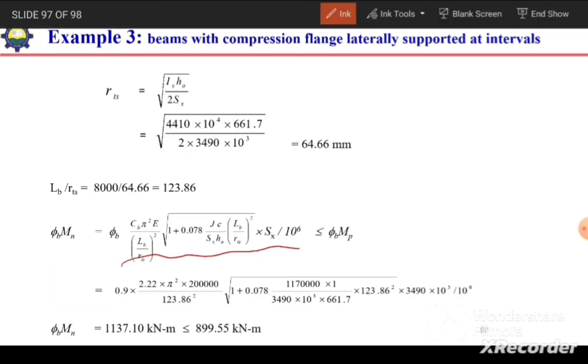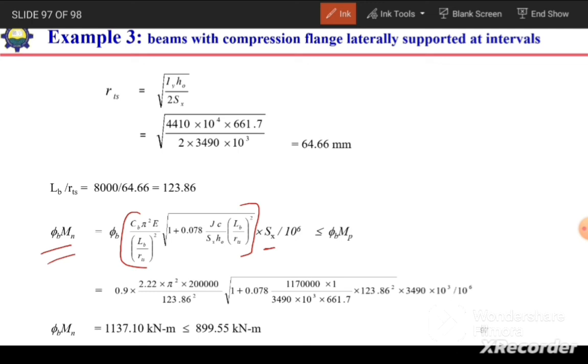Now we can calculate the rts, which is the square root of Iy ho over 2Sx. By substituting the values, we can calculate its value, which is 64.66. And we can calculate this factor LB over rts. So LB is 8000 divided by rts. After that we can substitute all these values in this expression, which is this Fcr and this is Sx.